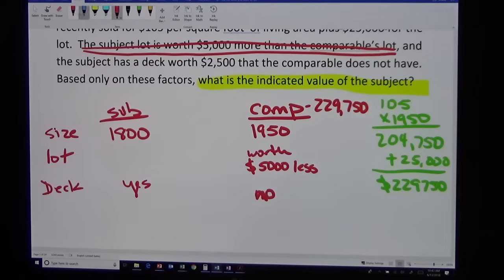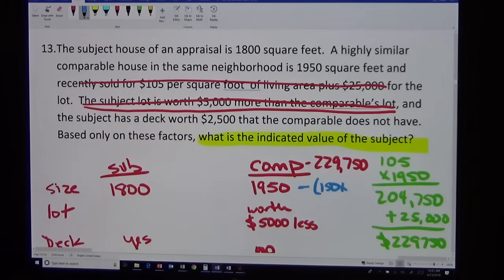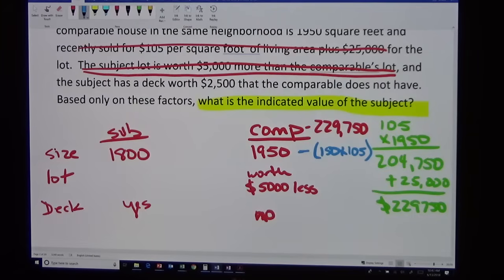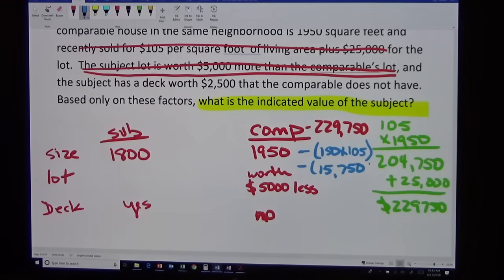So it's going to be a negative adjustment by 150 square feet. So minus 150 times, and we know that square footage is worth $105 a square foot. That's what they told us earlier. So minus 150 times 105, that's minus $15,750. That's our first adjustment.